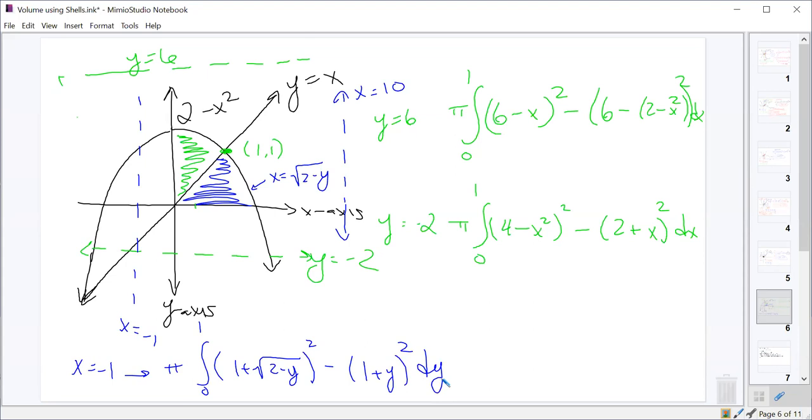And what about for x equals 10? Pi integral 0 to 1. Outer limit should be 10 minus that x, which is y. And then minus 10 minus this x, which is still root 2 minus y.